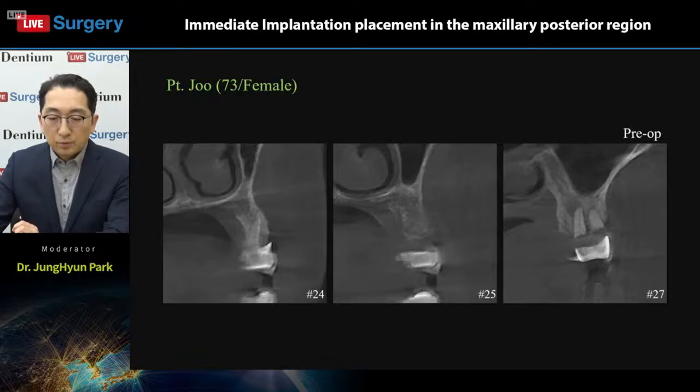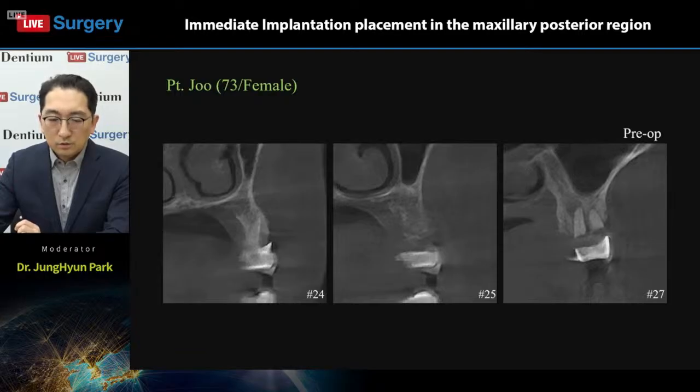This is the preoperative CT. As you can see, the available alveolar bone thickness at 24 and 25 was approximately 5 millimeter, maybe less than 5 millimeter. This thickness is insufficient even for placing a typical narrow diameter implant.